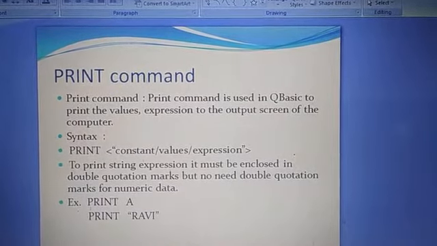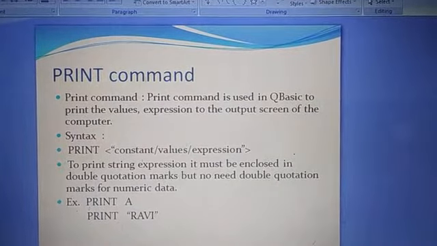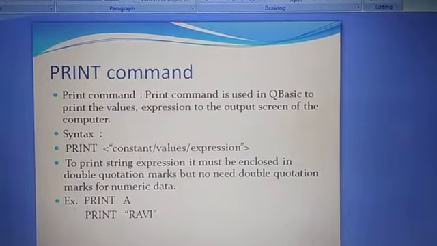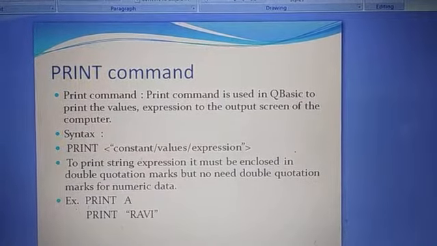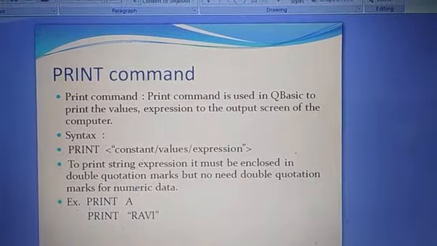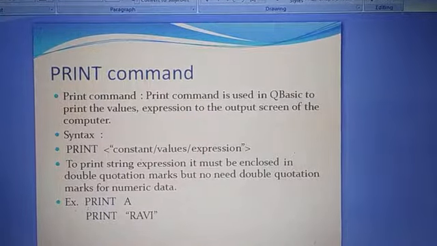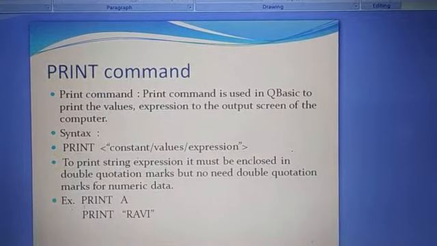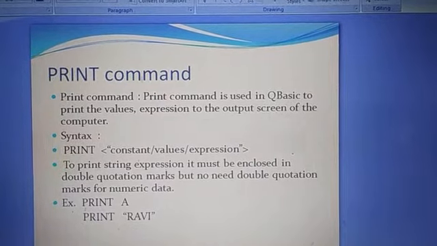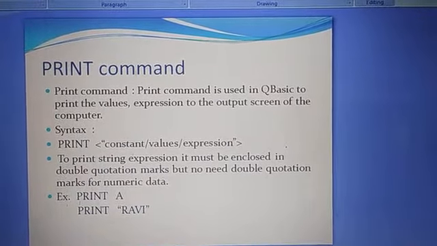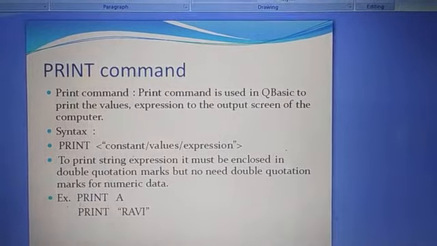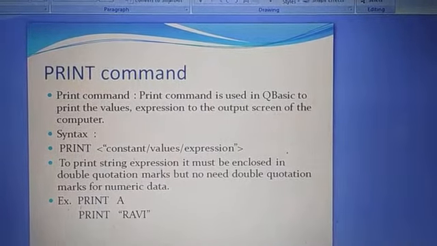Like in the example here, we can directly write print A. Here A is a variable, so there is no need for quotation marks. But if I want to print a name, I will write print, then double quotes, Ravi. So this is the rule for printing an expression and a variable.